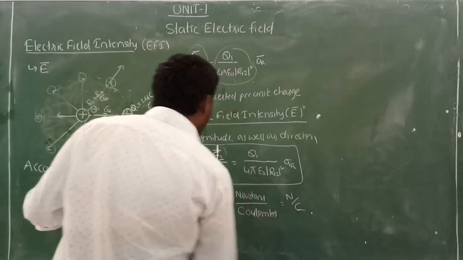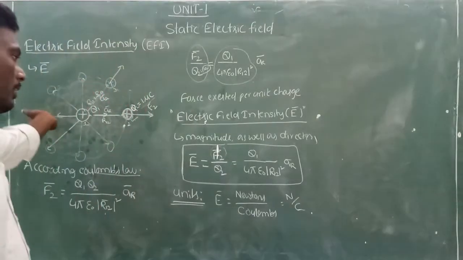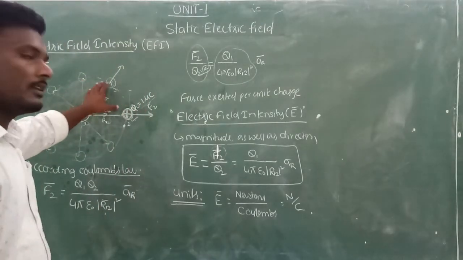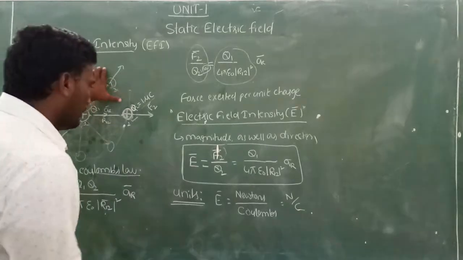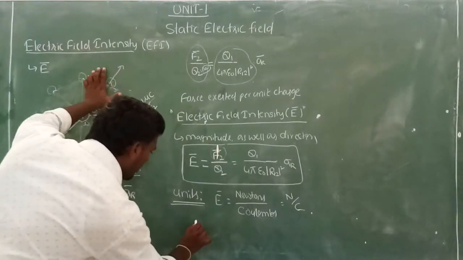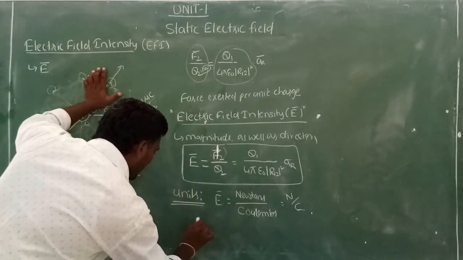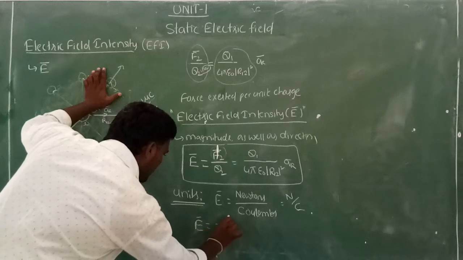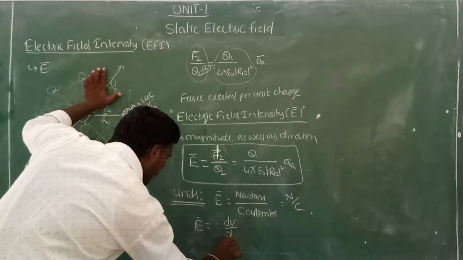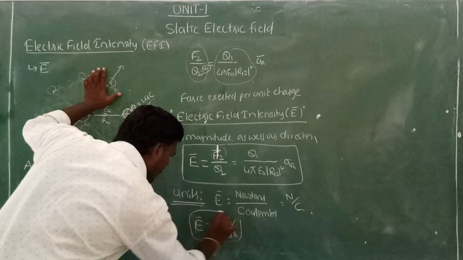Newton per coulomb. Also we have one more expression for electric field intensity in terms of voltage and distance. In terms of voltage and distance, E bar is equal to minus dV by dx. This formula will come at the end of our first unit.